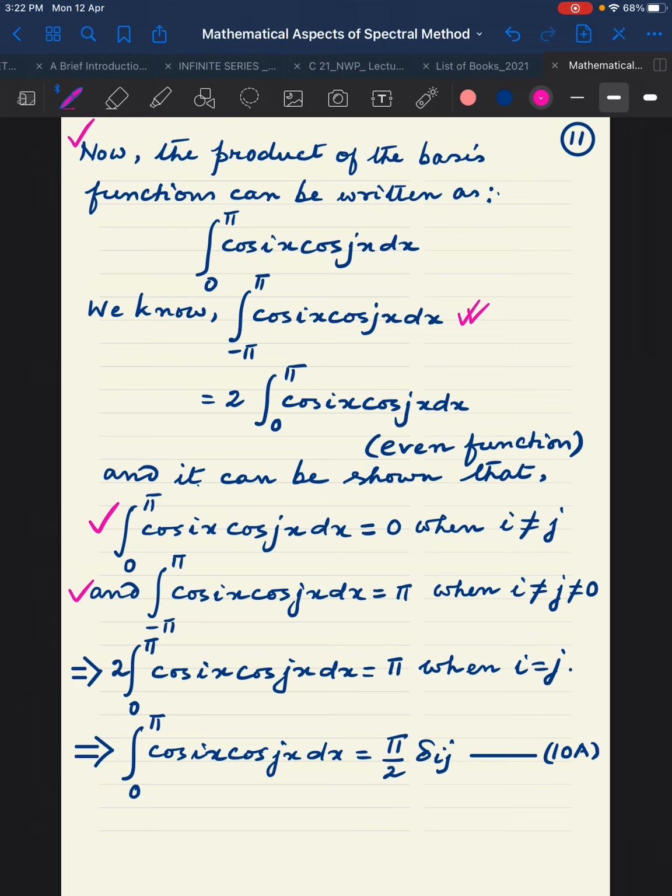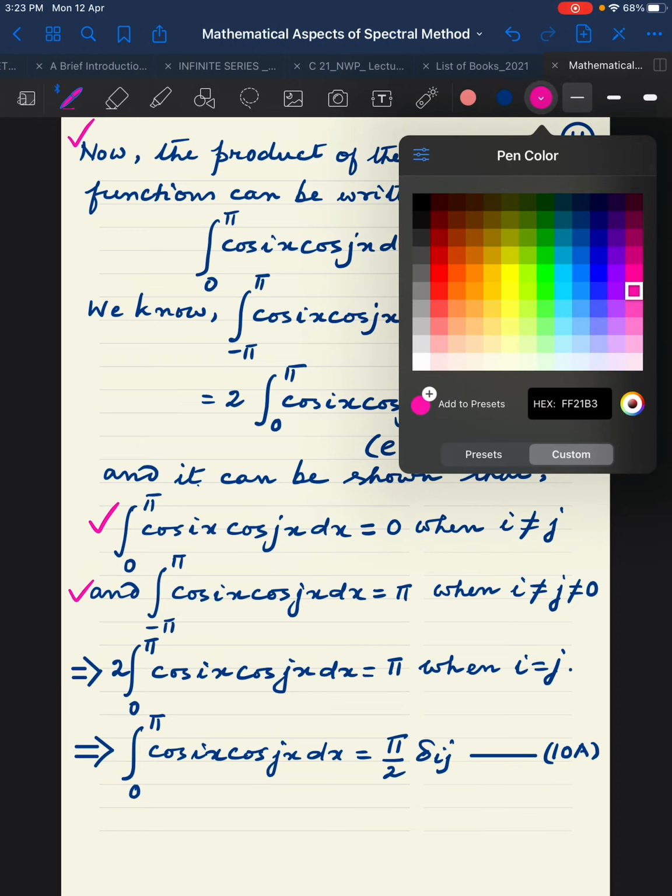minus pi to plus pi cos ix cos jx dx equals pi when i equals j not equal to 0. Okay, this is important here.